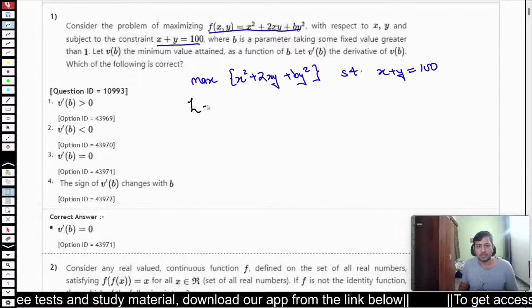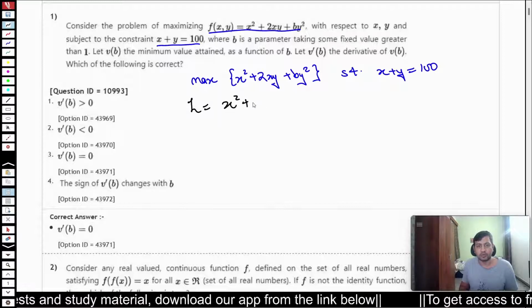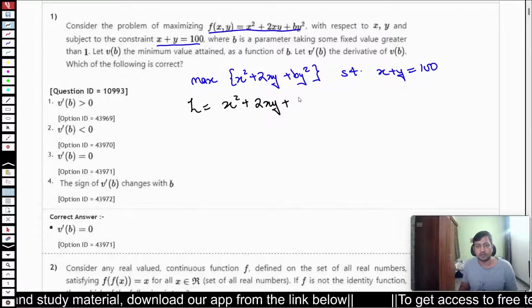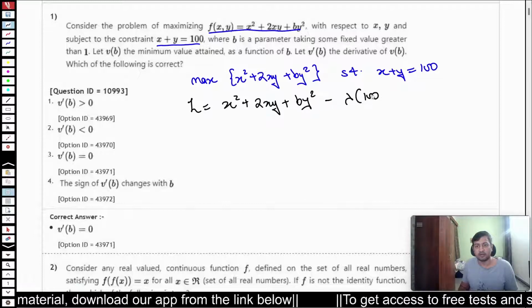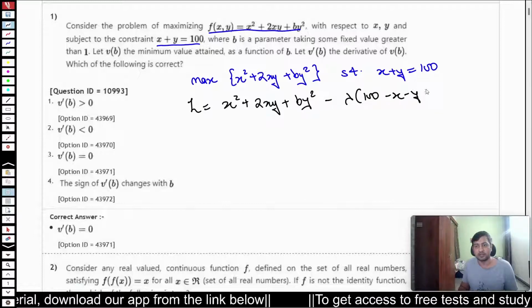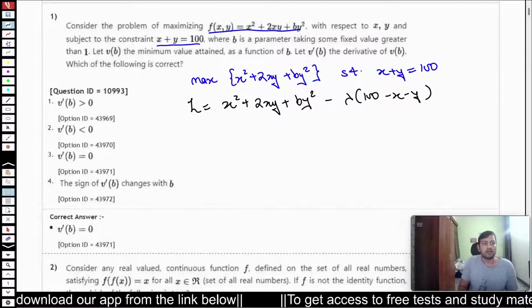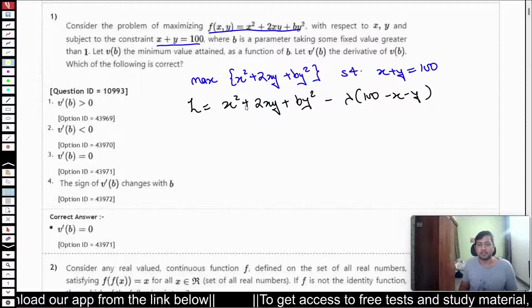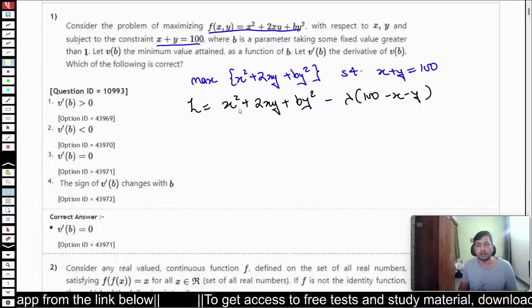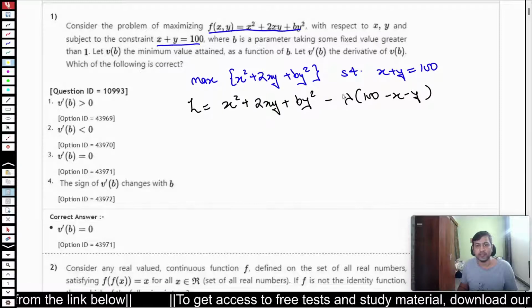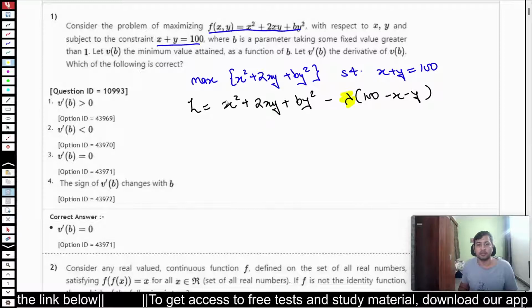I'll just write Lagrangian equals x square plus 2bxy plus by square minus lambda times of 100 minus x minus y. Now my variables are going to be lambda, x and y.